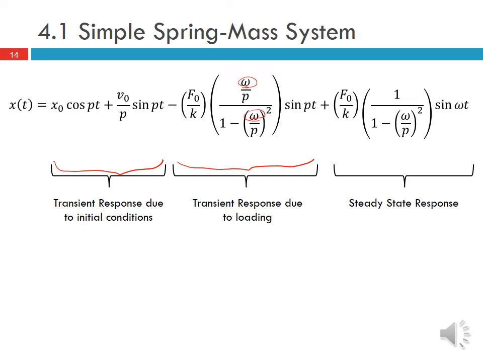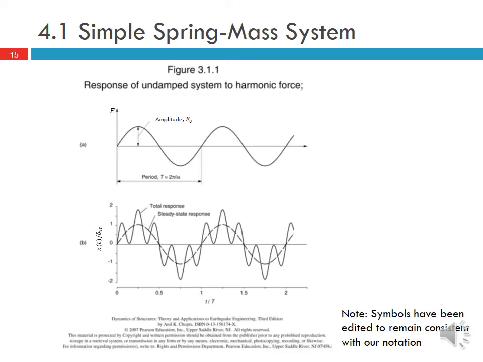So when we start up the loading, there's some transient response. And then this is the steady state response, which, as I said, for forced systems, we're typically just interested in, because the homogeneous solution in a damped system, in a real system, would dissipate over time. So we'd be left with the steady state response.